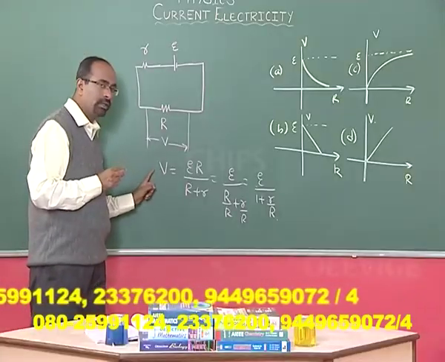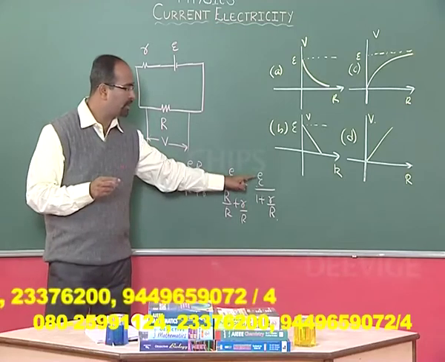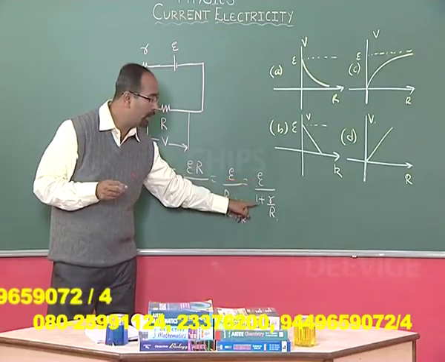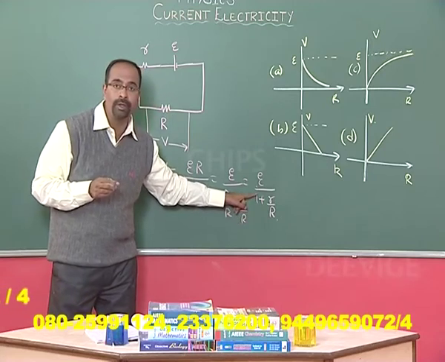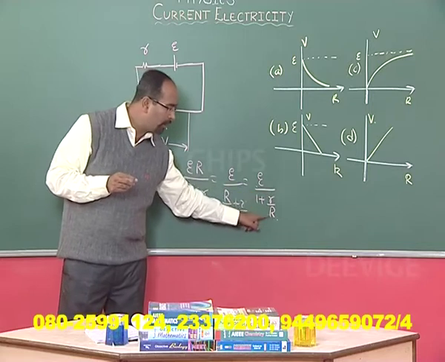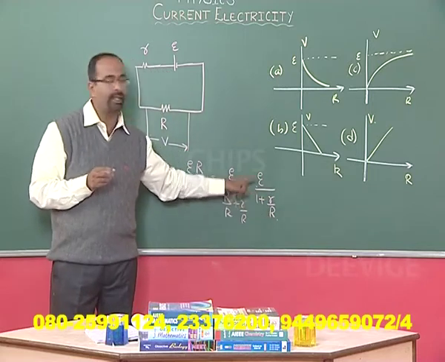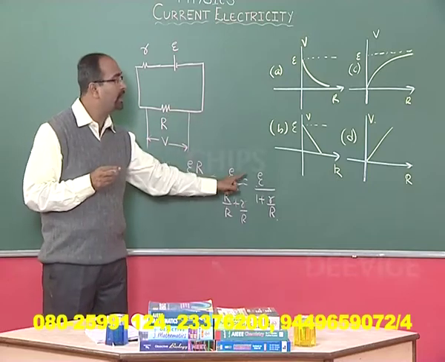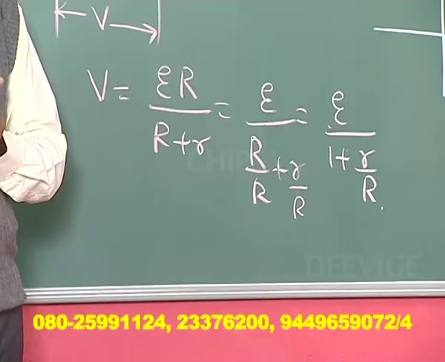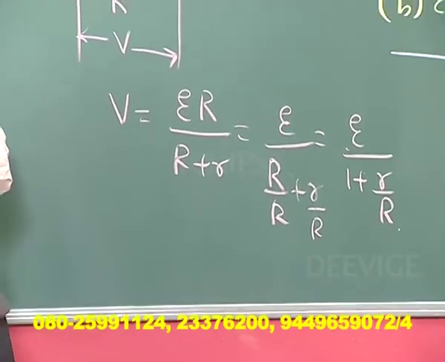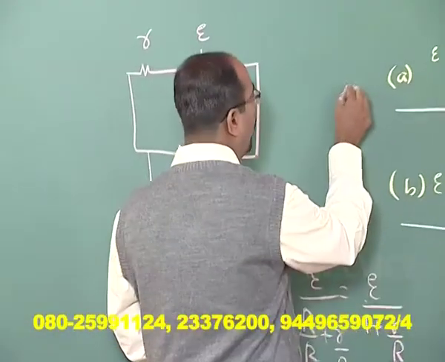Voltage V will never cross the value E. The reason is very simple. You have denominator greater than 1 always, because r and R both are positive, and whatever is the value of this ratio, denominator is greater than 1, means V should be always less than E. That itself says either A or C should be correct.